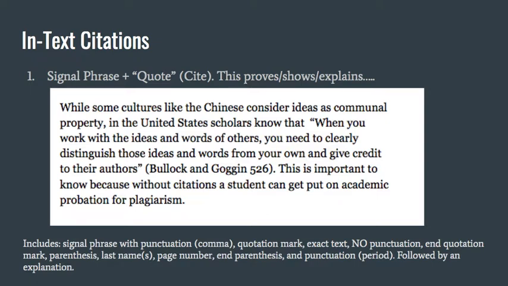And look, there's no punctuation, no ending of that quotation besides that end quote, because then in parentheses, I put the author's name and page number. So if there's just one author, it would just be Bullock 526. And you can see here I have 2, so it's Bullock and Goggin 526.